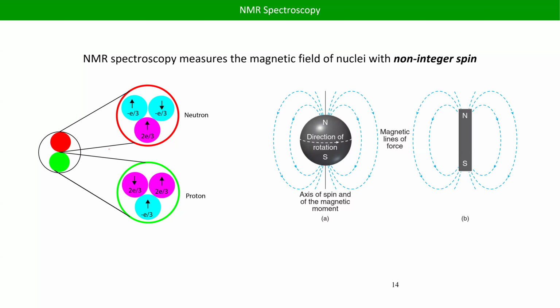So basically the way NMR spectroscopy works is it looks at any nucleus that has a non-integer spin, which basically means an odd number of protons plus neutrons. Protons and neutrons both have their own internal magnetic field because they're each made up of quarks. Neutrons are made up of 2 down quarks and an up quark. Protons are made up of 2 up.